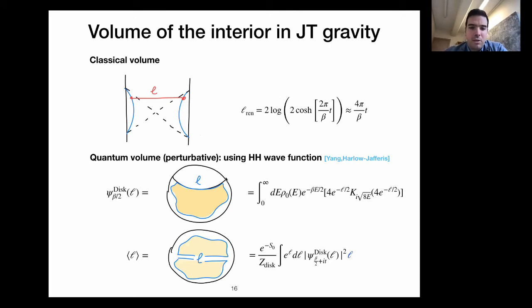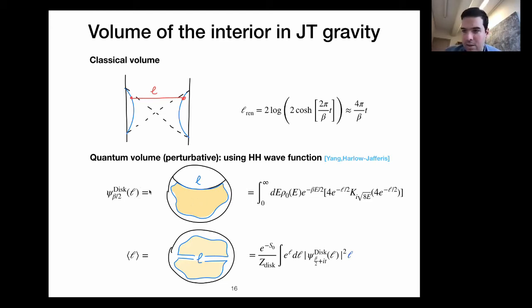It depends on a length of a geodesic. So it's a path integral between a geodesic boundary with a given length and an asymptotic boundary with a given proper length, which is half of the inverse temperature. Okay, so this is essentially the bulk wave function of the thermofield double state.